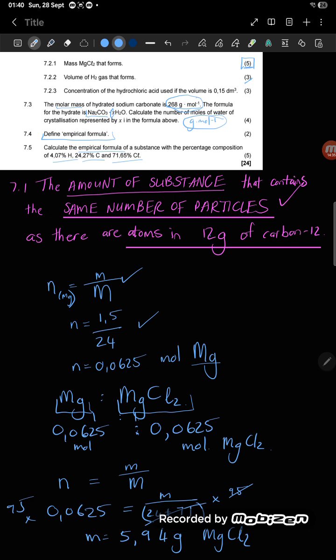And there you go. For 5 marks, you've gotten a formula, a ratio, a formula. There you go. Bob's your uncle.